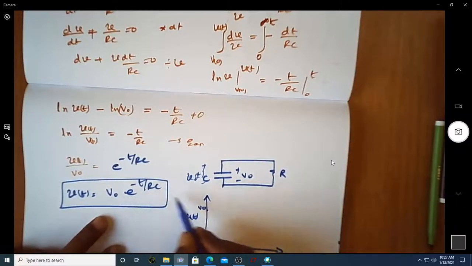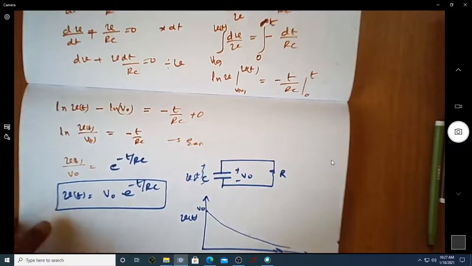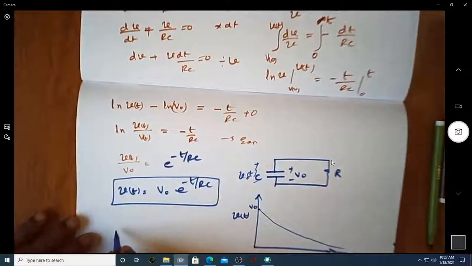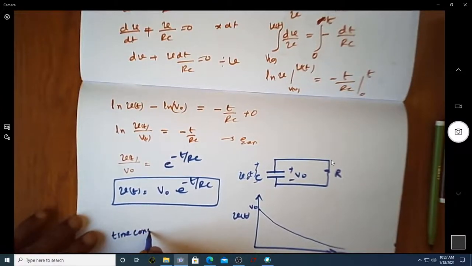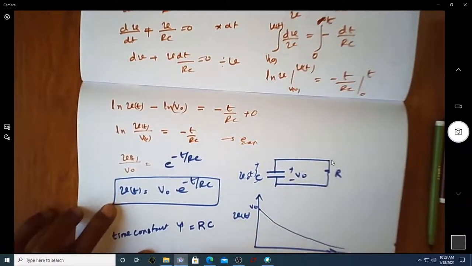As time elapses, this keeps on reducing, and it is reducing exponentially. We also write one more term, known as the time constant. The time constant is written as tau, which is equal to the product of the resistor and the capacitor.